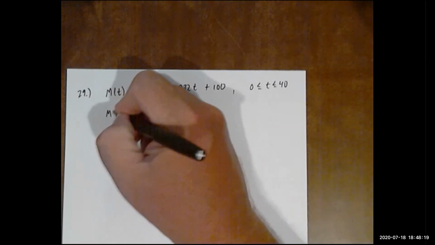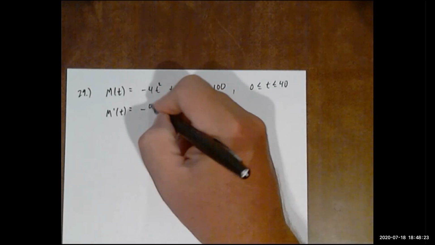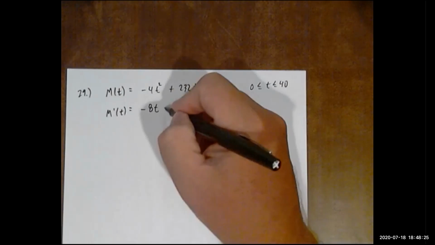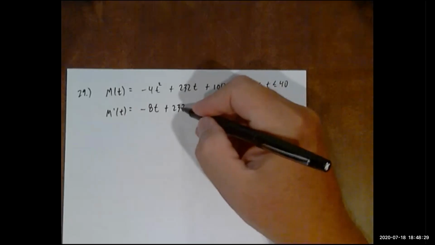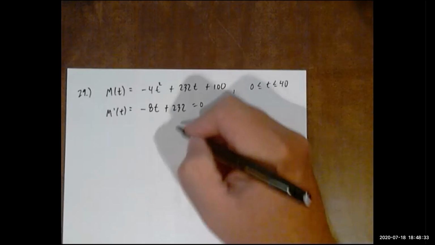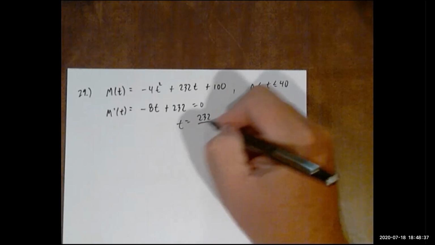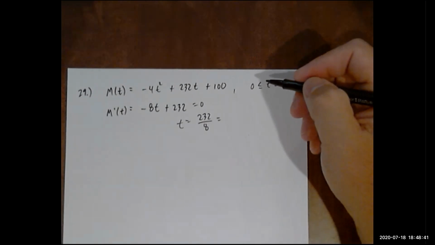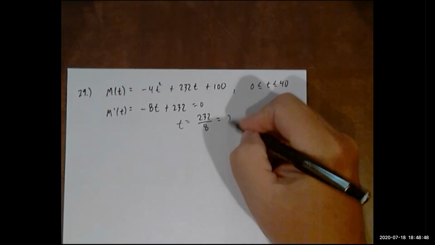So I need to take the derivative of this: negative 8t plus 232. Now to find a critical point, or the max or the min, you set that equal to 0. End up with t equals 232 divided by 8. And if I grab my calculator, it's 29.